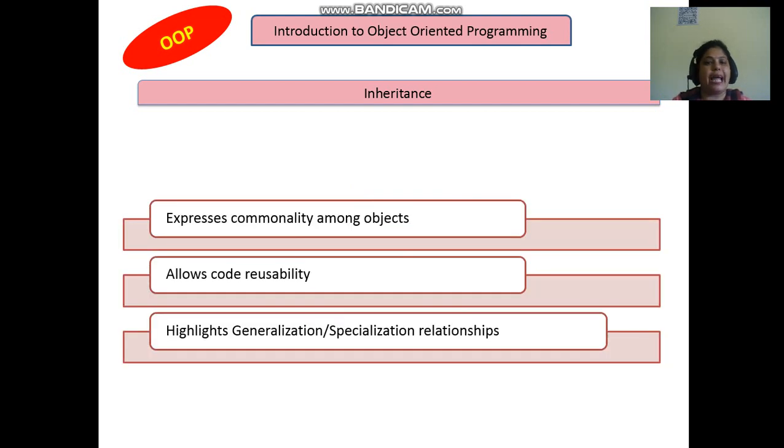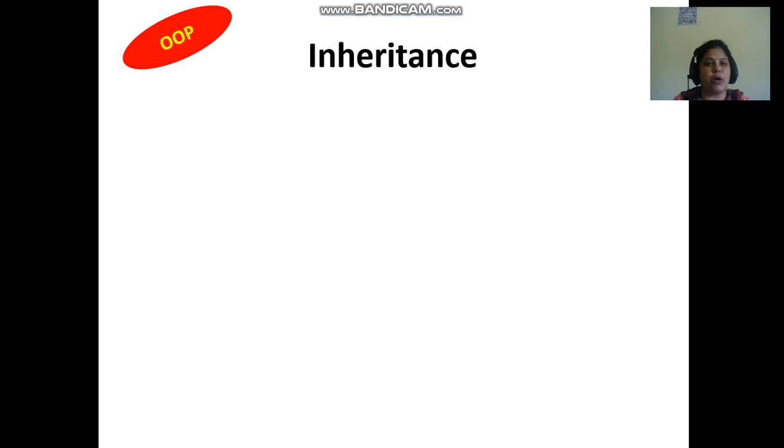Inheritance means what? Expressing something common among the objects, reusing the concept of one into another and highlighting what is general in something and what is special in another. This is known as inheritance. So inheritance is the feature of acquiring the property of one class into another class. And in case of C++, when I am coming to C++ or object oriented programming, I have a concept which is known as a class.